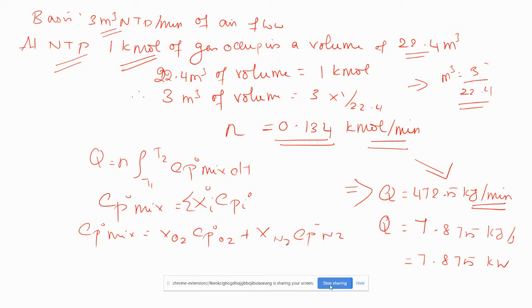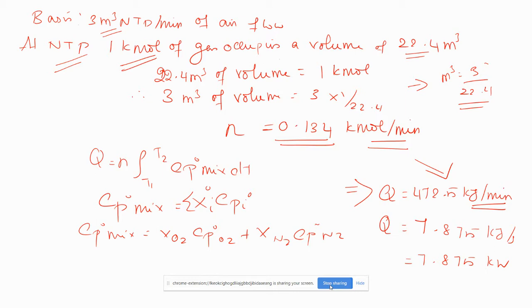When three temperature values are given, you write Q is equal to N into Cp naught M2 into T2 minus T0 minus Cp naught M1 into T1 minus T0, where Cp naught M1 is the mean molar heat capacity of gas between T1 and T0, and Cp naught M2 is the heat capacity of gas between T2 and T0. Here T0 will be the constant. Cp naught M2 means T2 to T0, Cp naught M1 means T1 to T0.